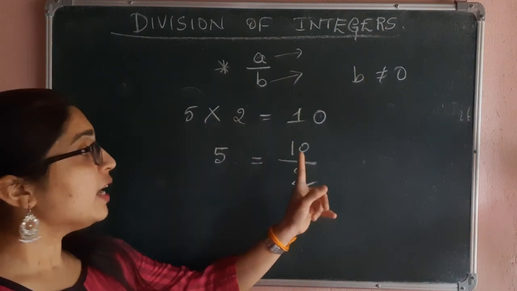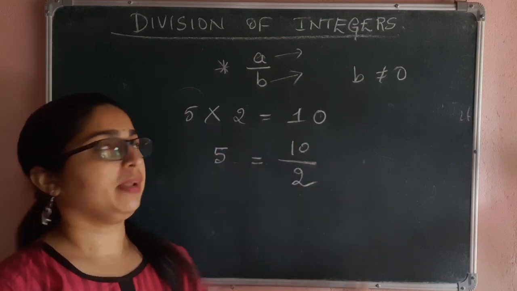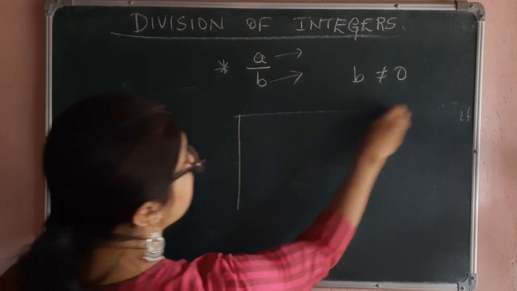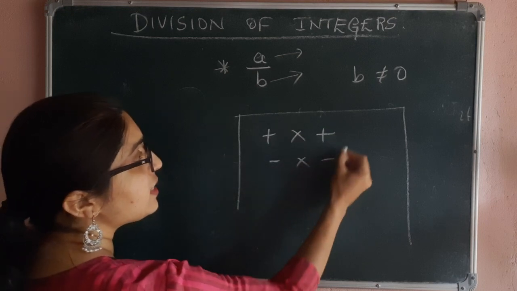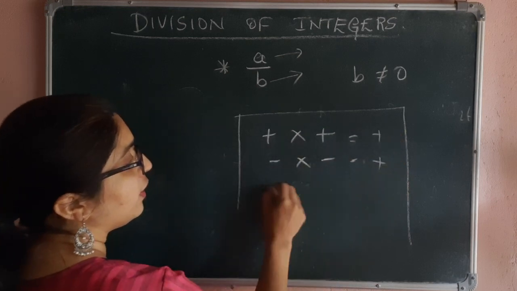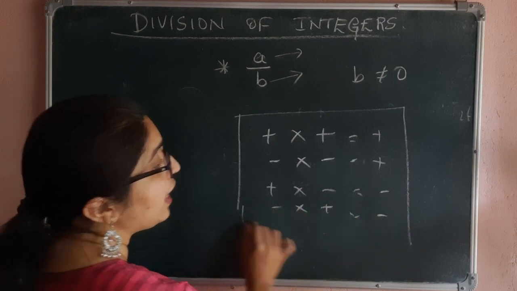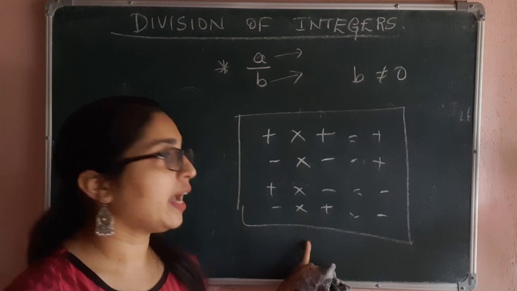So we can say division is the inverse of multiplication, so we can follow the same rules. In multiplication, same signs gave plus and different signs gave minus. So the same thing applies to division as well.